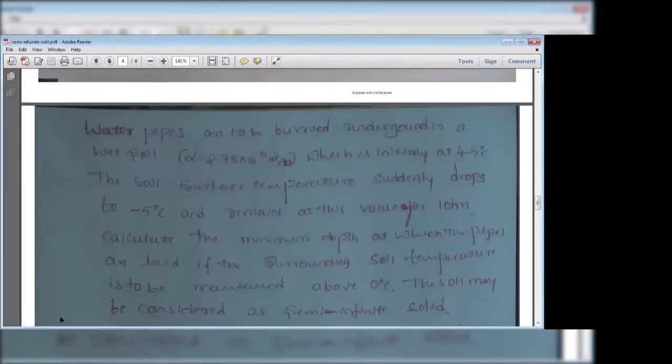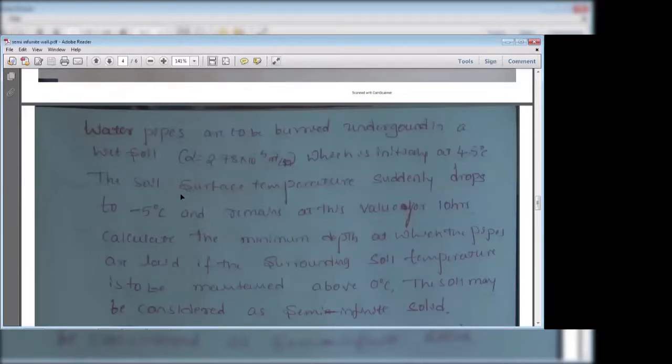Water pipes, steam-carrying pipes which are buried underneath the ground, we can treat as a semi-infinite body. Then how do we calculate the temperature at some depth and the time required for it? We can solve this type of problem here.